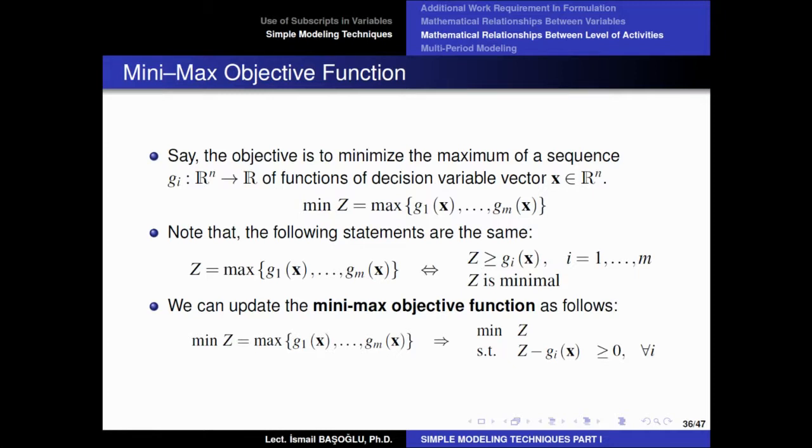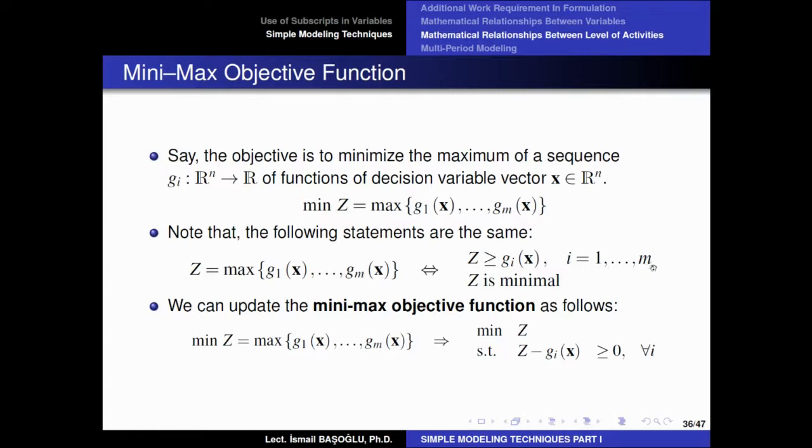And as you can see, if our objective value is defined as the maximum of these m activity levels, we can simply say that instead of defining z as the maximum of these values, we can define z as a value which is greater than or equal to all of these activity levels for a given decision variable assignment.